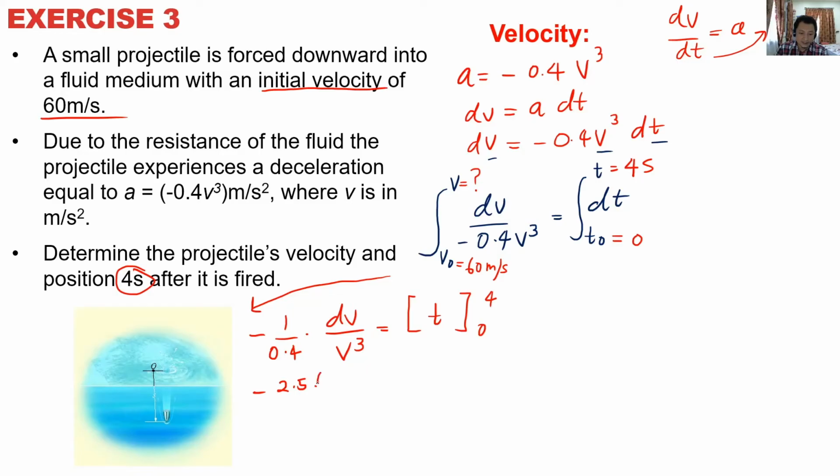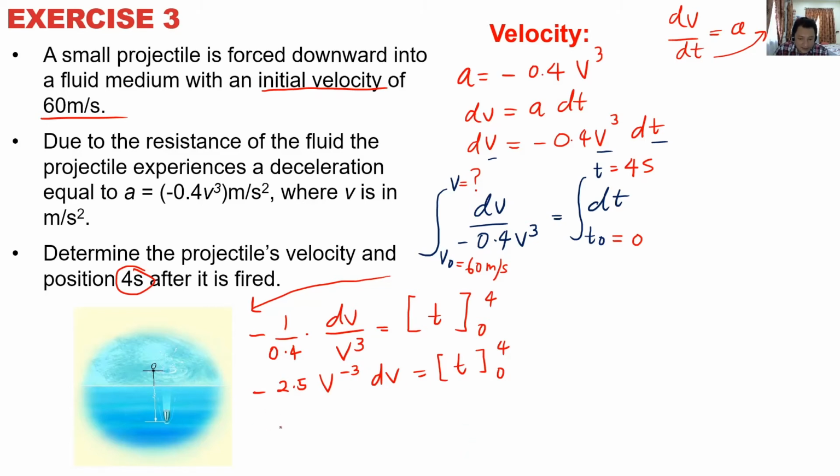This one you can simplify a bit: it becomes v to the power of negative 3 dv is equal to dt, which needs to be evaluated from 0 until 4.